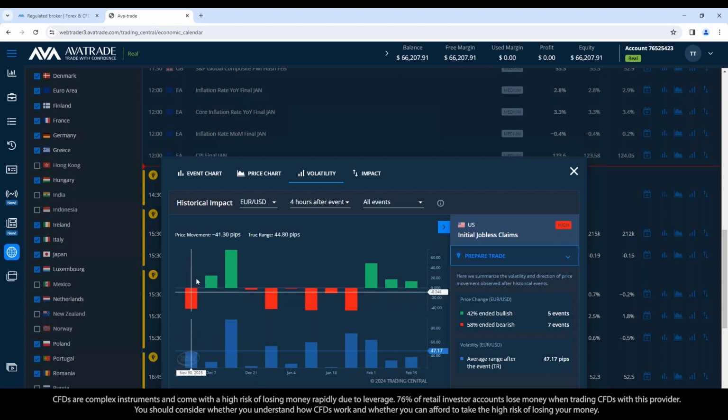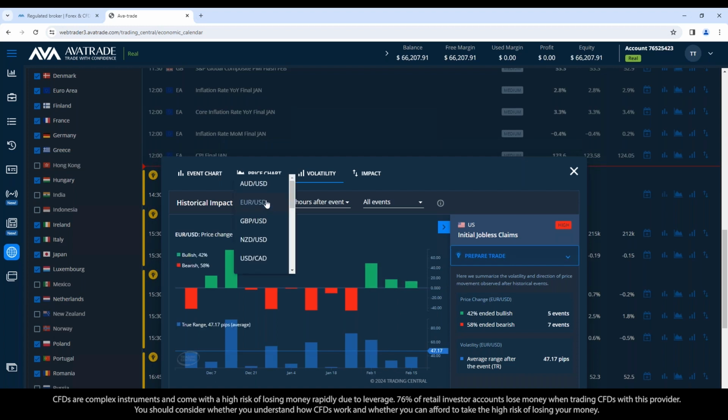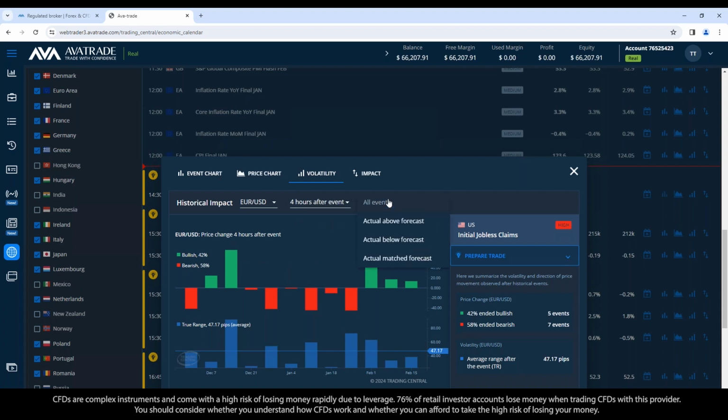Okay, each of these is a date of this initial jobless claims announcement coming in. And you see it looks like half of them went down and half of them went up. So you say, well, how do I know which way to trade? Half the time it goes down, half the time it goes up. But if we qualify, okay, not just which currency pairing and not just how much time after the event, but if we qualify how the numbers came in, better than expected, as expected, below expectation.